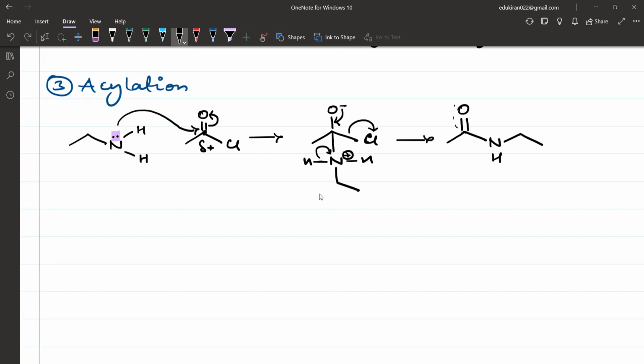Now this bond is known as amide bond. Okay, it's quite a strong bond and it has biological importance also. Please write this down.